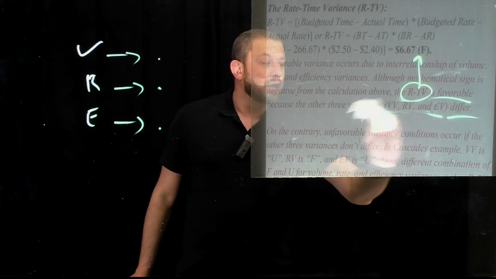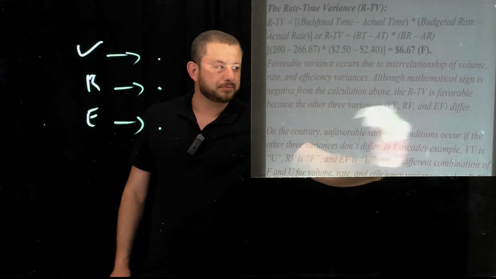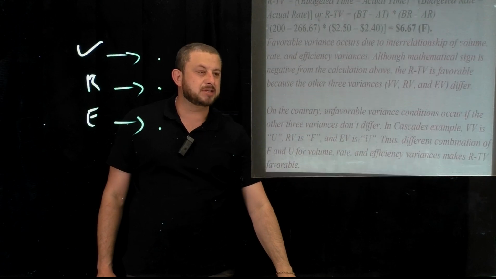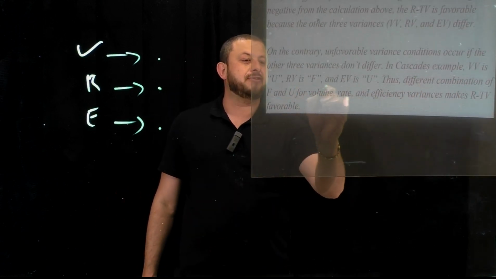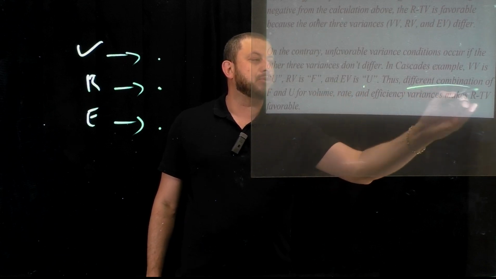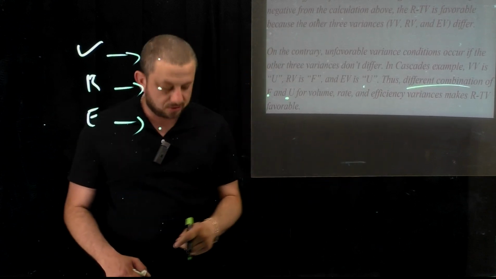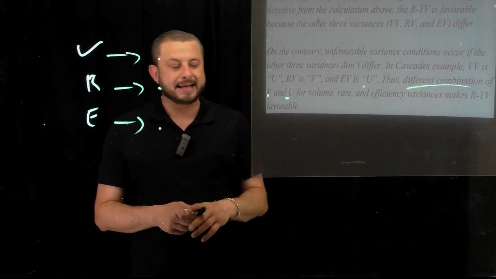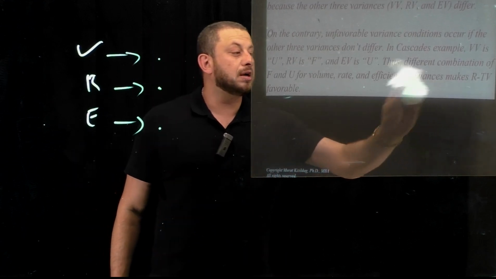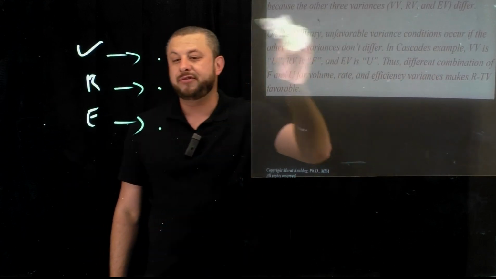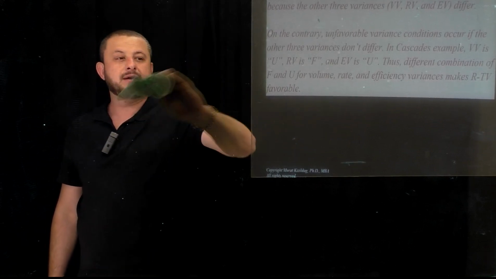On the contrary, unfavorable conditions occur if the other variances don't differ. For example, VV is U, RV is F, and EV is unfavorable. Therefore, different combinations of favorable and unfavorable for volume, rate, and efficiency produce favorable results, but this is not the case in our example. So again, the interrelationship among rate, volume, and efficiency sets the tone for the RTV. That's how we decided.